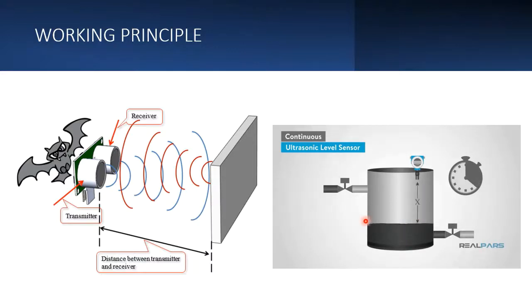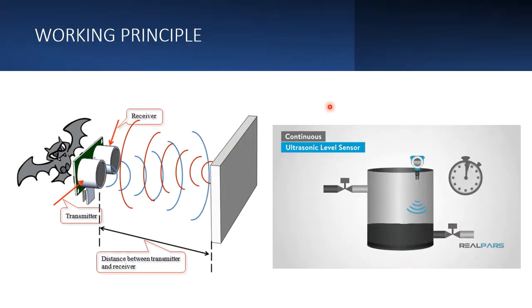No, because you have to apply so many capacitive sensors at each level so that they can sense that level. It will require a lot of sensors, but in this case there is only one sensor, and as the level changes it will give continuous feedback, and the continuous change in the level can be detected.